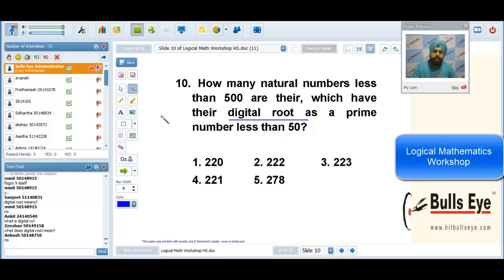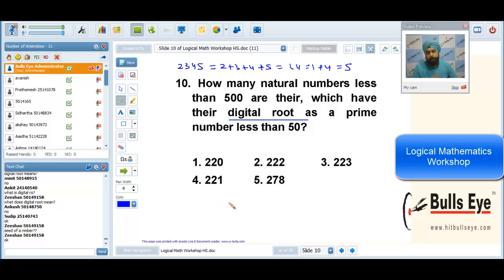You may also call it seed number. For example, the digital root of 2345 is 2 plus 3 plus 4 plus 5, that is 14, and again 1 plus 4, it is 5. So answer it.